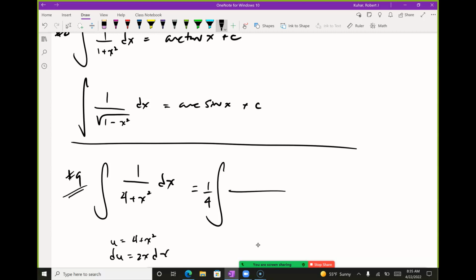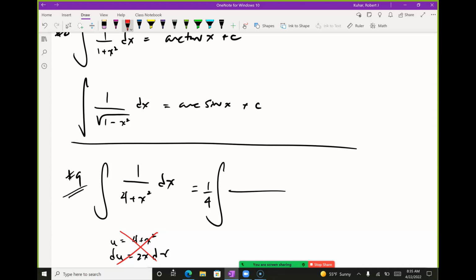I can get the 2, I can't get the x, right? It doesn't work. So what I'm saying is it's most likely an inverse trig right now. So that's what you're looking for. You see it clear downstairs, you try it, but it doesn't work, right?